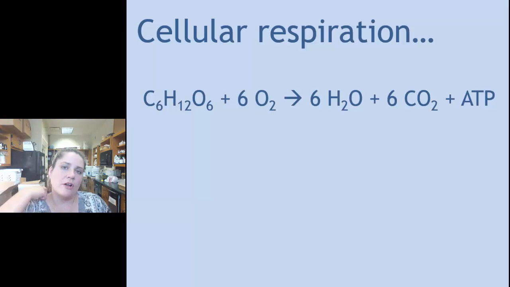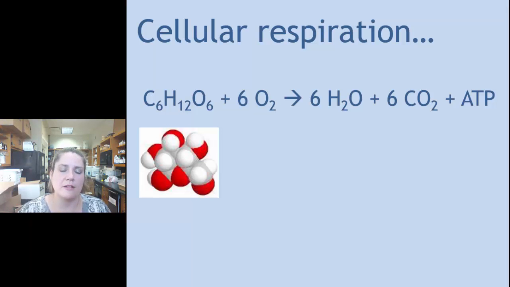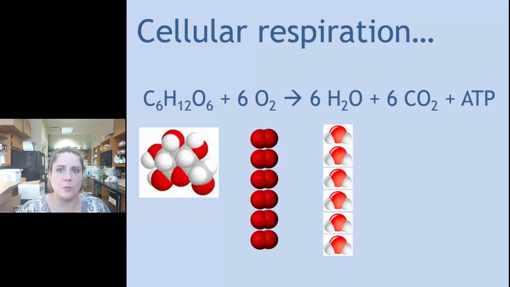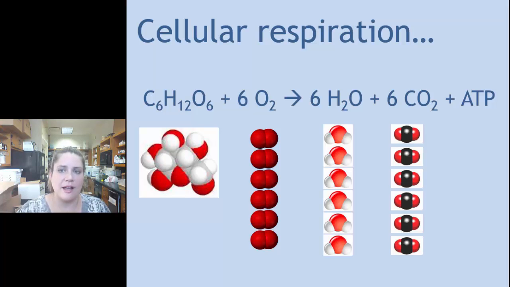So remember, our overall formula for cellular respiration is that we have one glucose molecule, C6H12O6, 6 oxygen molecules, and that's going to give us in the end 6 water molecules, 6 carbon dioxide molecules, and some ATP. How much ATP we get depends on what kind of cellular respiration we perform, because there are a couple different kinds of cellular respiration.